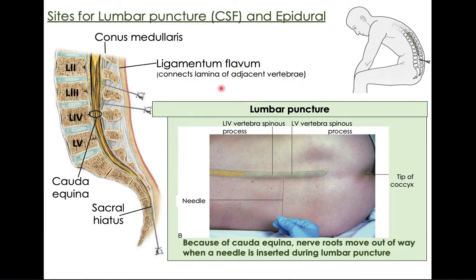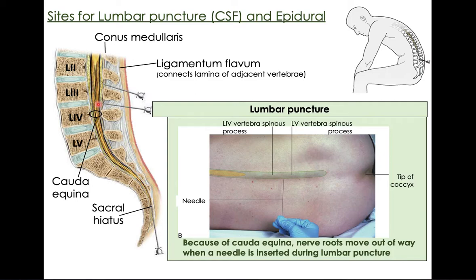The needle is going to be inserted through that ligamentum flavum, and you're going to hear a popping sound. Pop. As soon as you hear that popping sound, you know you have entered the lumbar cistern and you can extract that sample of CSF.